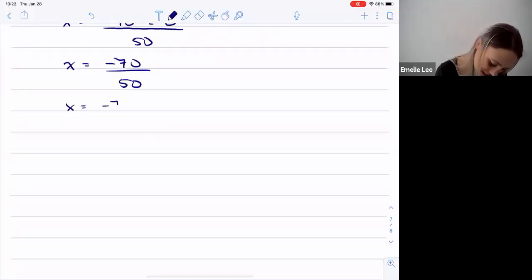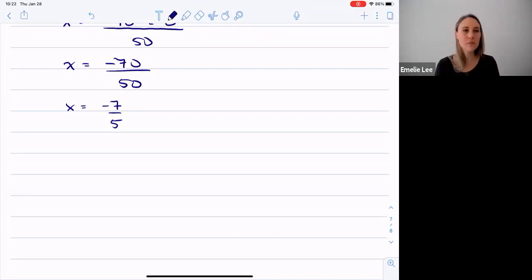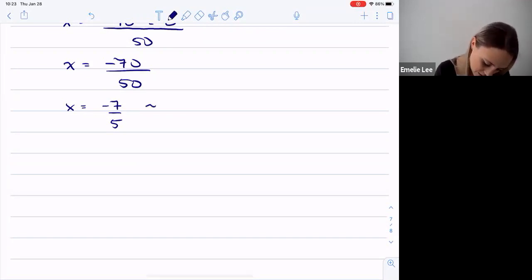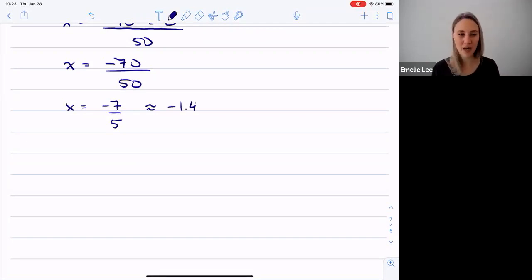So x is negative 7 over 5. Okay. So our root, and this is what we found, right? Negative 7 divided by 5 is approximately negative 1.4. And that's what we found, right?